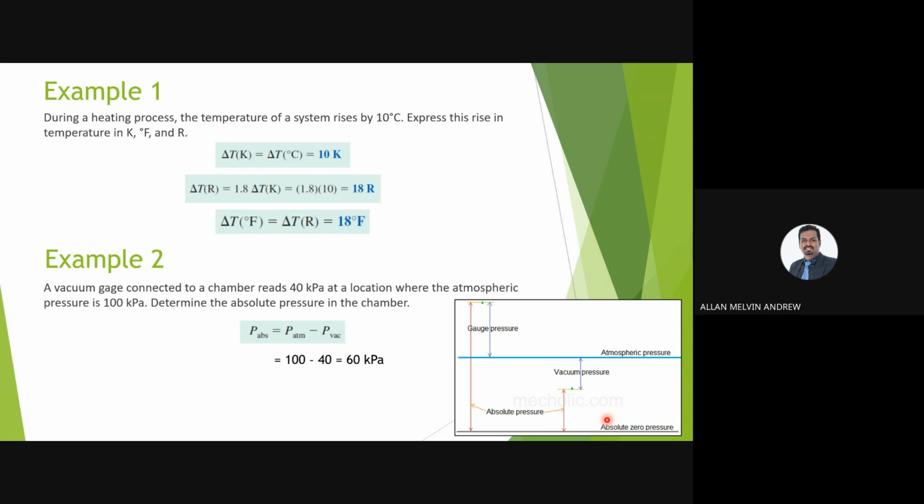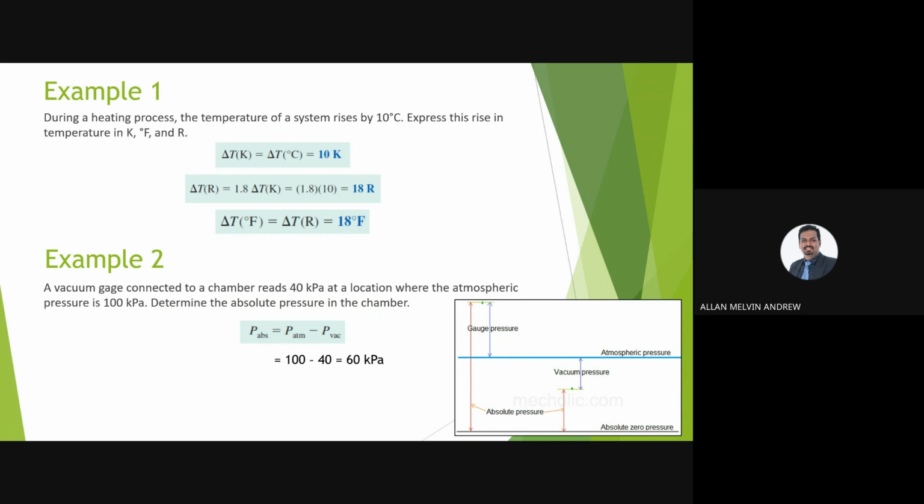It starts with atmospheric pressure. Atmospheric pressure will change according to the height of the surface. At sea level, the atmospheric pressure will be normal; below sea level, the atmospheric pressure will be higher; and on a hill, the atmospheric pressure will be lower.